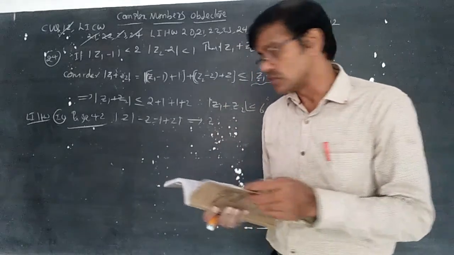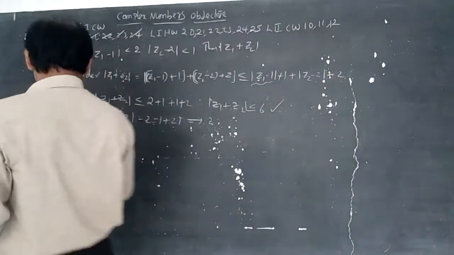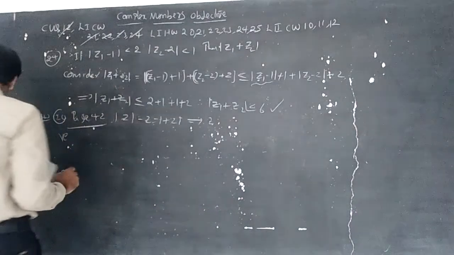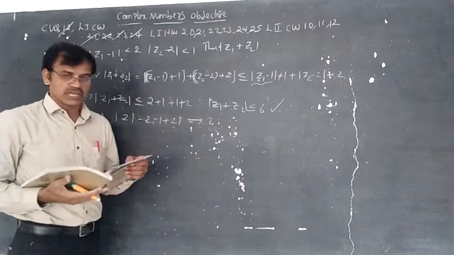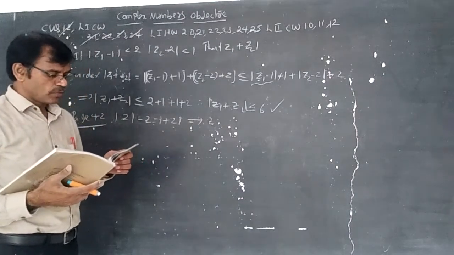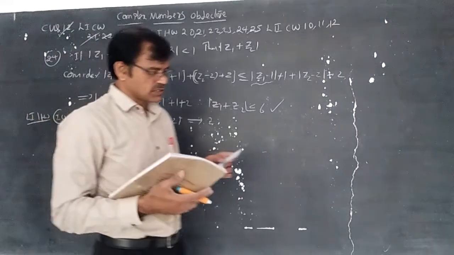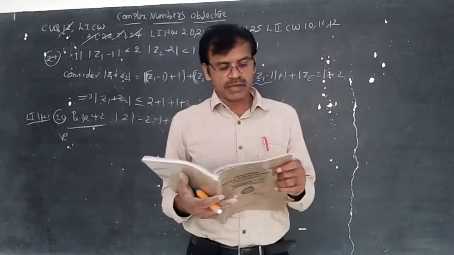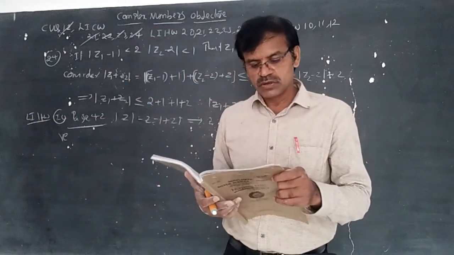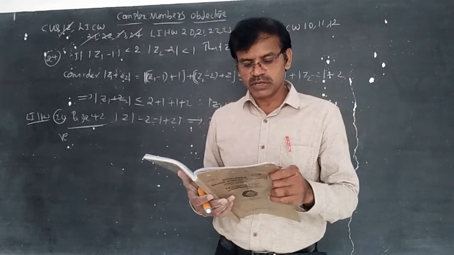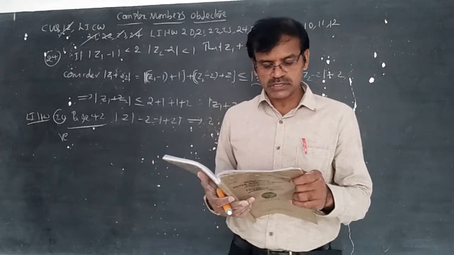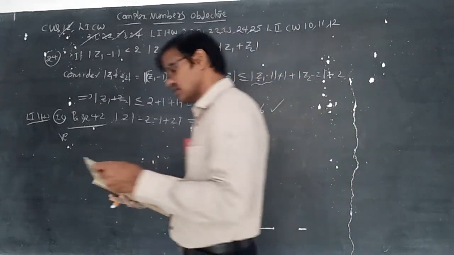So absolutely we should verify the options. Modulus of 2 minus 3 becomes root of 4 plus 9 by 4. Root of 4 plus 9 by 4 means 4 fours are 16, 16 plus 9, 5 by 2. 5 by 2 plus 3 by 2 is 8. That option is not there, so the first option is not right.